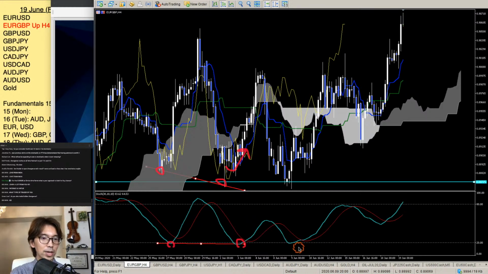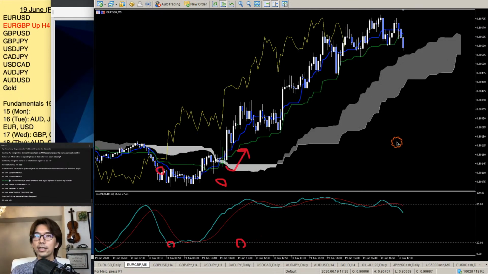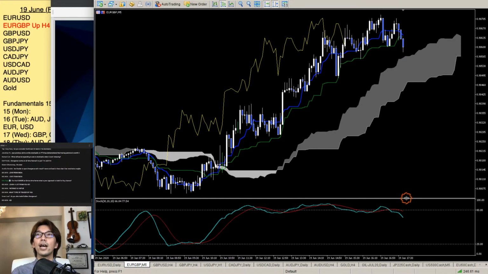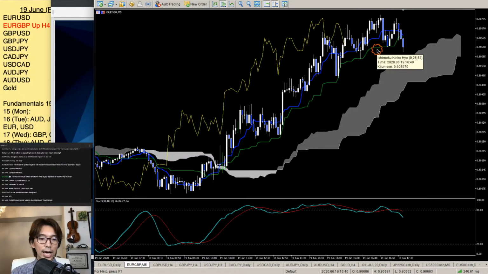For this EURGBP at a 5-minute time frame, what is your approach to look for the buy chance? Right now, let's take a look at the 5 minute. First of all, if I look at the stochastics, it is sloping downwards now. And also, if you look at the current price action, the highs are getting lower, and the lows are getting lower too.